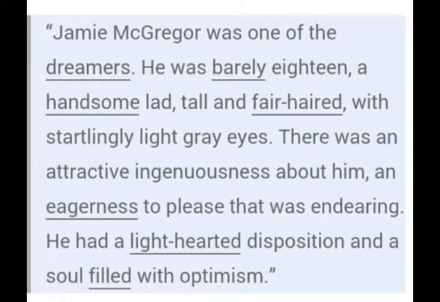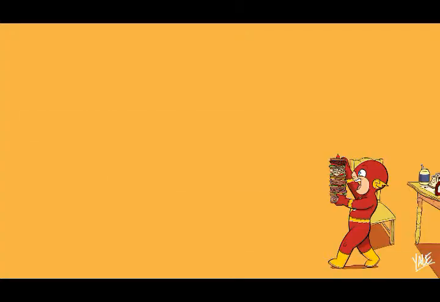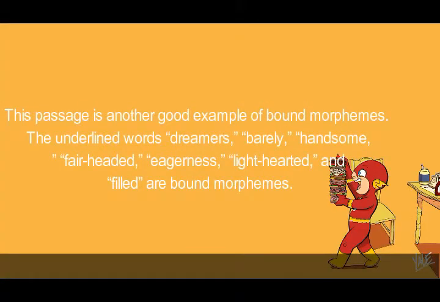He had a light-hearted disposition and a soul filled with optimism." This passage is another good example of bound morphemes. The underlined words dreamers, barely, handsome, fair-headed, eagerness, light-hearted, and filled are bound morphemes.